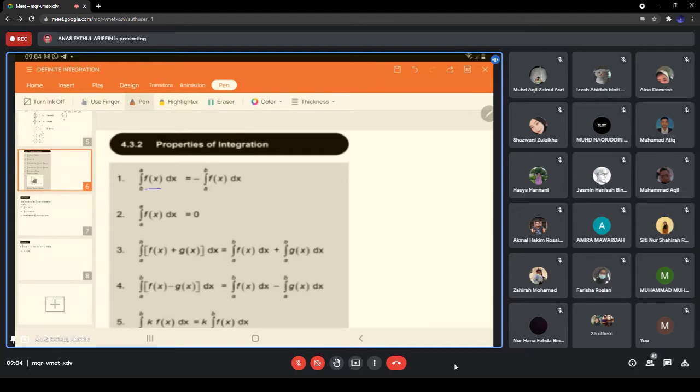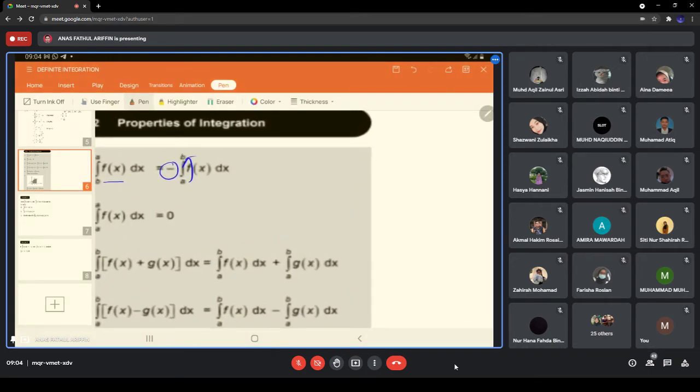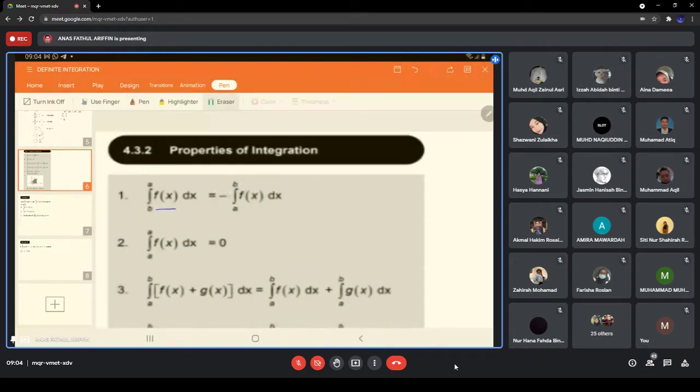So kita tukar from b to a become a to b, but we need to put negative. I repeat. So let's say we have this limit b to a of fx. This actually is equivalent to changing the position of the limit, now from a to b, but we need to put negative.